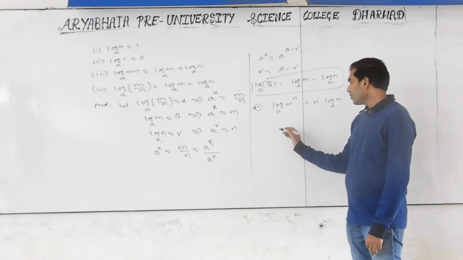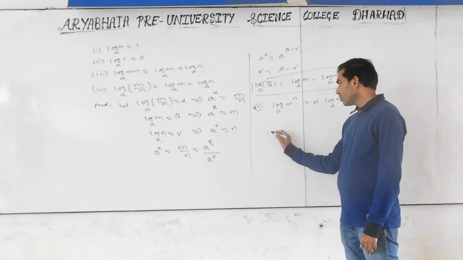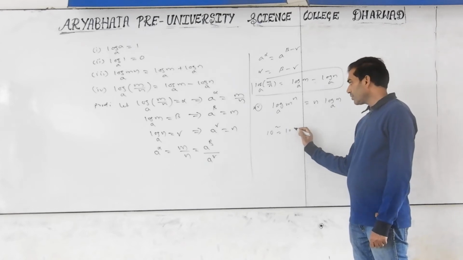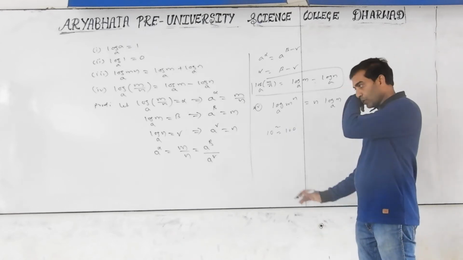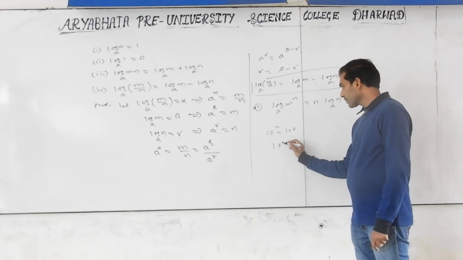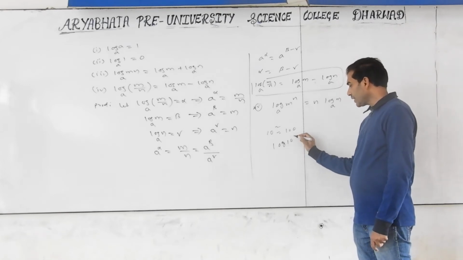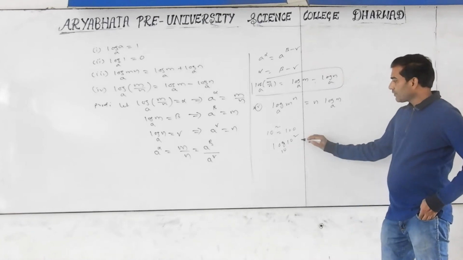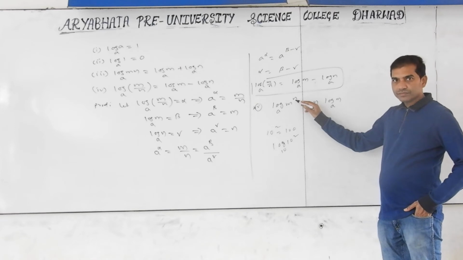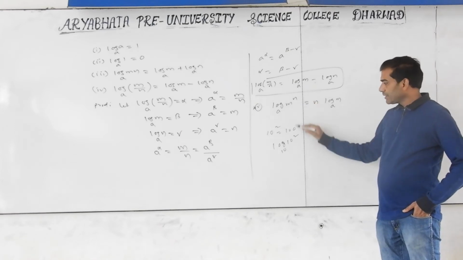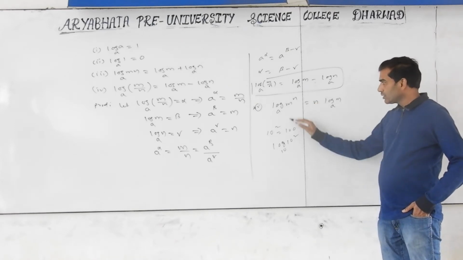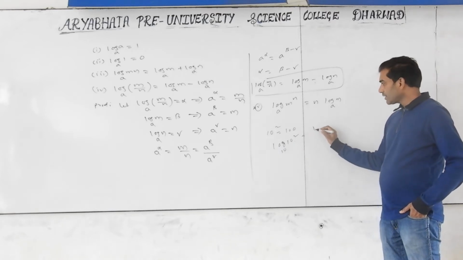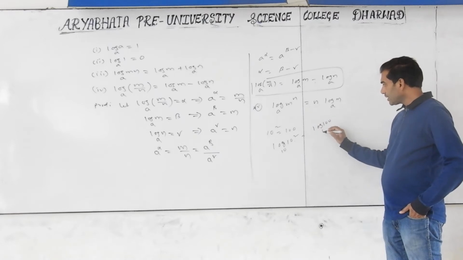See, 10 square equals 100, you know. Now log of 10 square base 10, where m is 10, n is 2, and the base is 10. We can write this as log of 100 base 10.